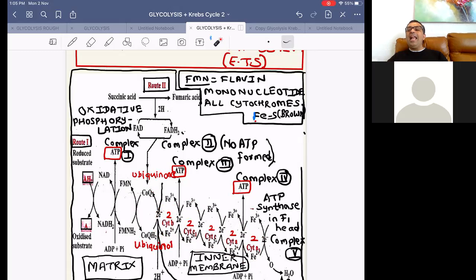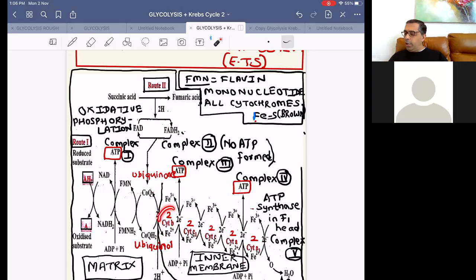Why will these electron acceptors accept the electron? Why should they accept electrons? Because all these electron acceptors are highly positively charged.